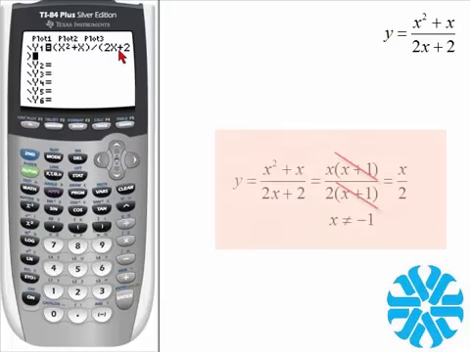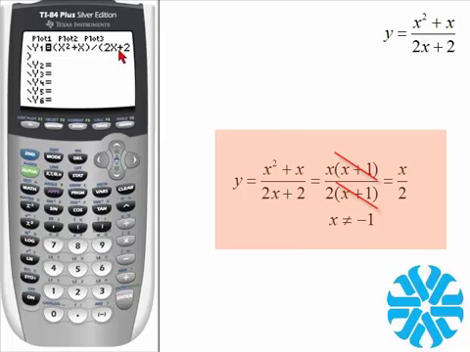Now, when you factor the function as shown to the right, you can see the factors of x plus 1 in the numerator and denominator. The factor in the denominator tells us that x cannot equal -1, so there should be a hole in the graph at x equals -1. The y value will be determined after the next step. The factors of x plus 1 cancel out, so we are left with the linear function y equals x divided by 2.